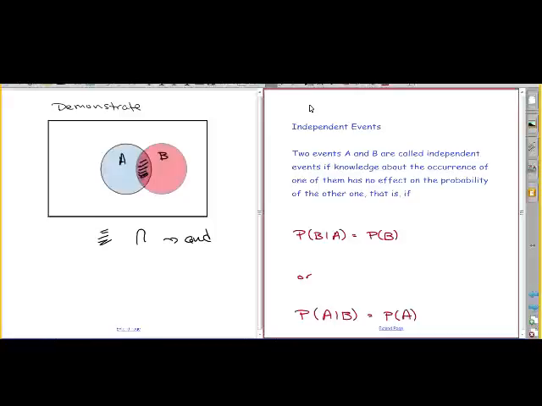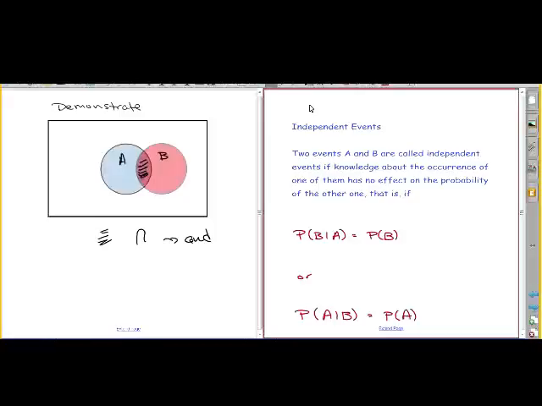But if you think about cards, if you pick a card out of a deck and you don't put it back, then the probability of picking that card again is 0 because it's not in the deck anymore. So that is the case where those would not be independent events. If you picked a second card, there's no way you can pick the card you've already pulled out of the deck.